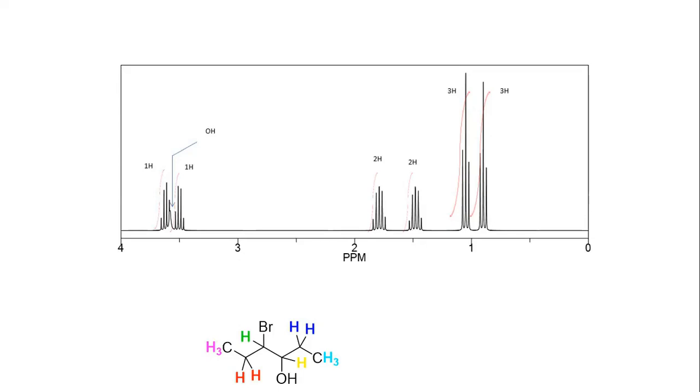Which ones do you think are going to be the ones downfield? The hydrogens on bromine and OH. Okay, so the ones that are near the bromine and the hydroxyl group.